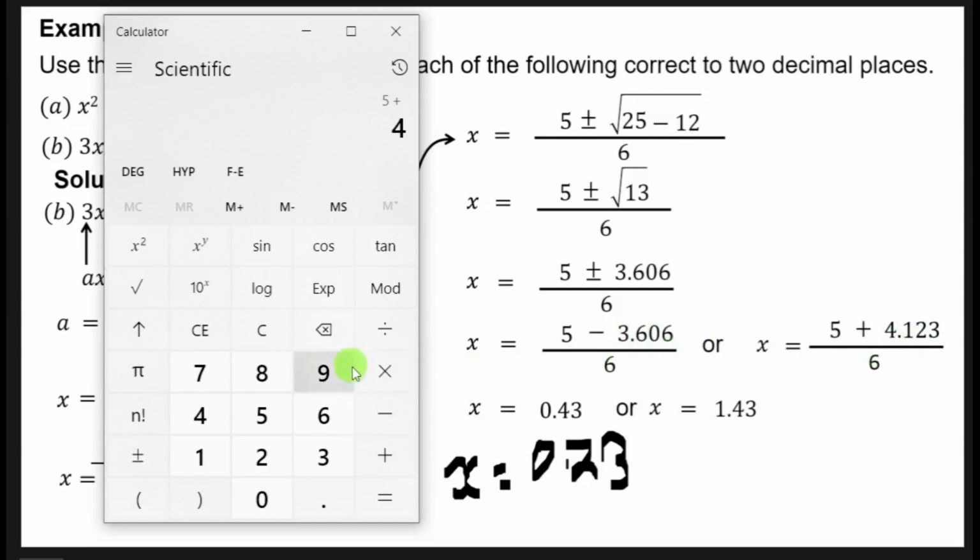So let's say plus 3.606. So 5 plus 3.606 equals, divided by 6. This will be the answer, yeah. So it will be 1.43 up to here. The next number is less than 5, so I will not get anything to add to this 3. So 1.43. So those will be the answers.